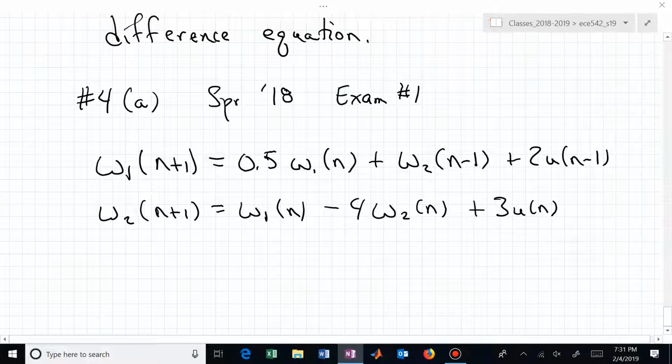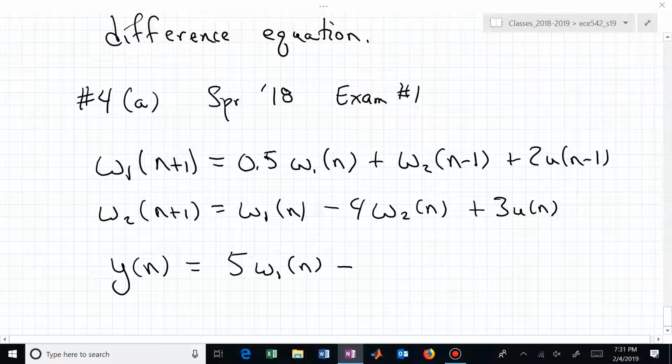And maybe Y of n is some linear combination of the W's. 5 W1 of n minus W2 of n.